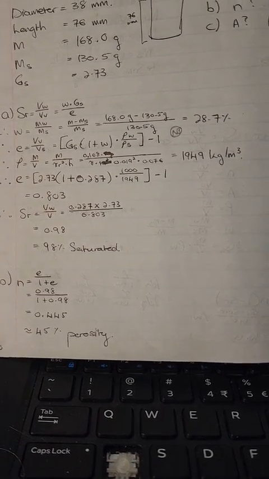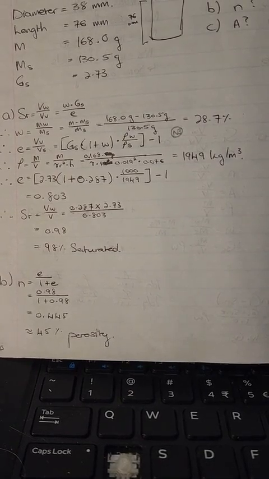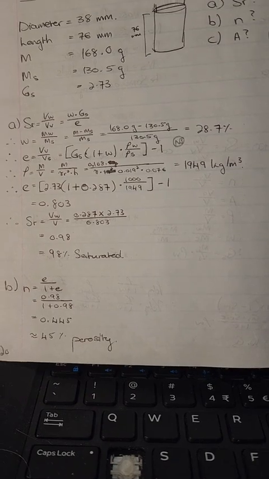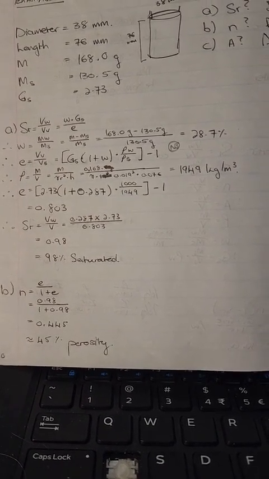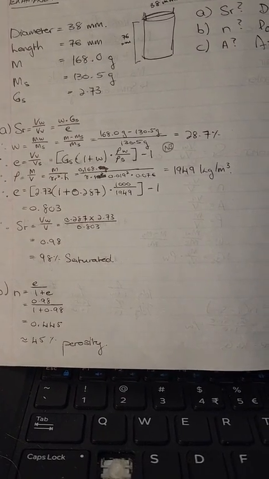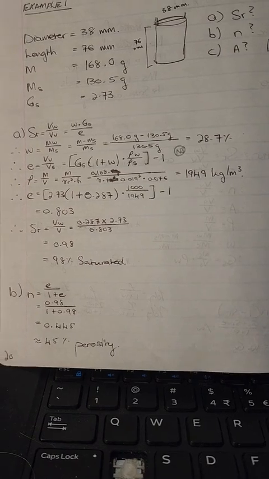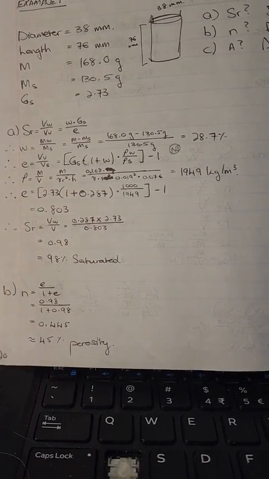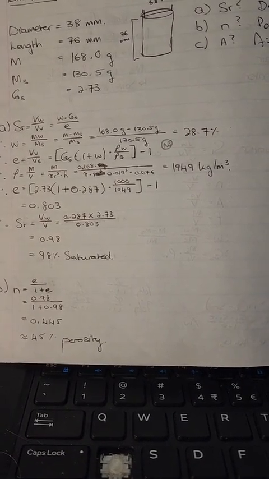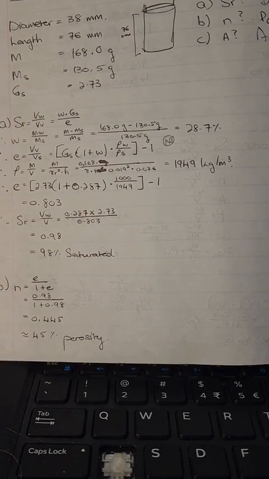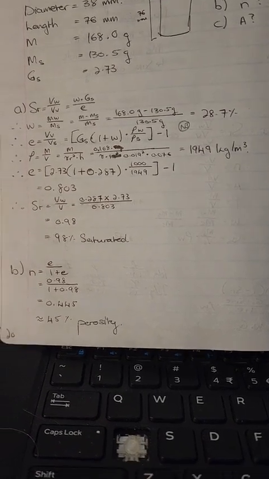And then if you expand that, you get w, and therefore you can get e, which is the void ratio, and so on. And in the end, you can calculate that the degree of saturation is equal to 98% saturated.